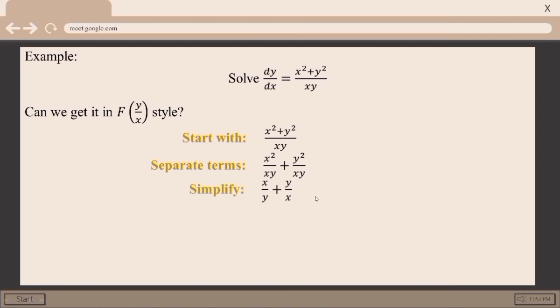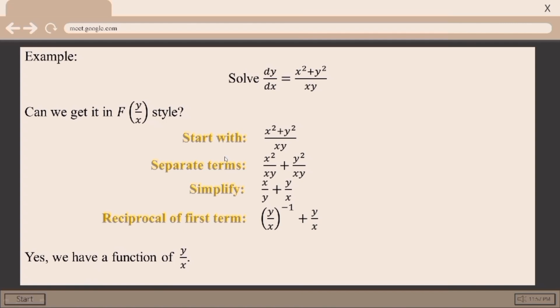If we simplify our separated terms, we will come up with x over y plus y over x. So we have to get the reciprocal of the first term: y over x raised to the power of negative 1 plus y over x. So now, do we get the style f of y over x? Yes, we have a function of y over x.